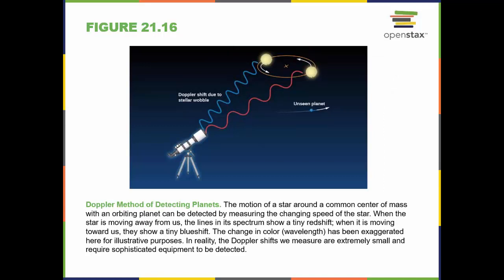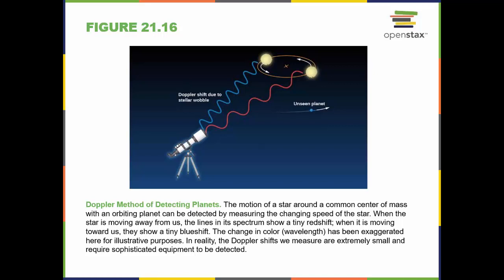So when we're trying to detect planets, one way to do it is to detect the Doppler motion of the stars. Don't forget, if we have the motion of a star around a common center of mass, an orbiting planet can be detected by measuring the change in the speed of the star.